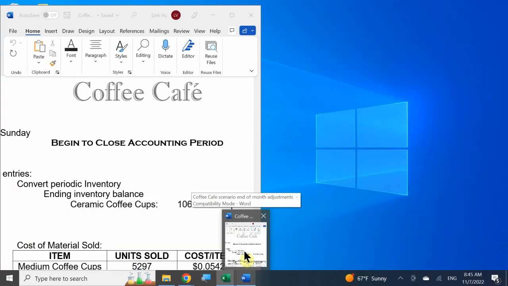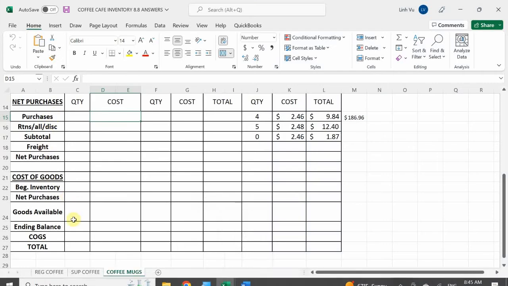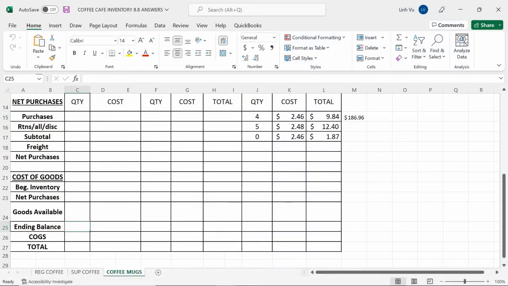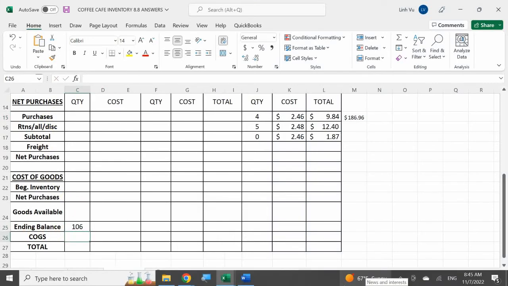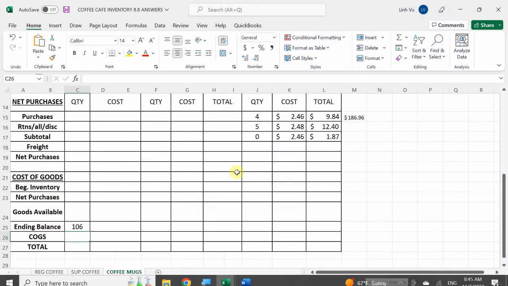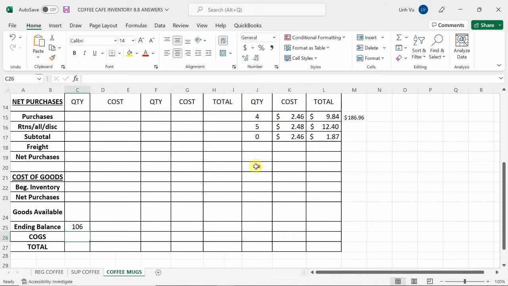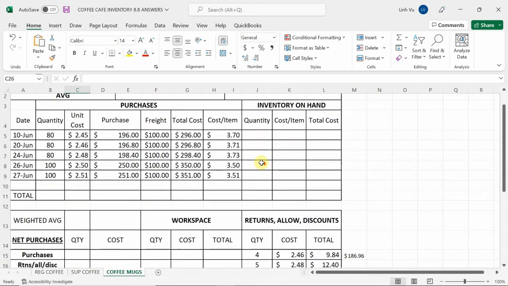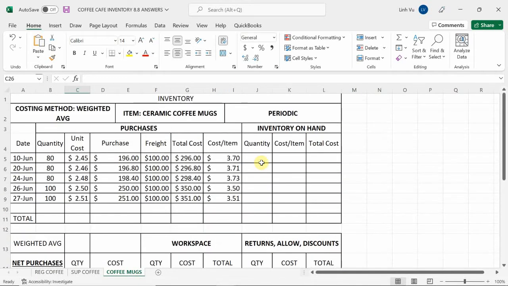So that means that's my ending balance in inventory. So in this case, ending balance, I have 106 mugs left. Okay? So under periodic inventory, what do we need to do? We need to solve for how many items we have available and assume how many cups we actually sold.